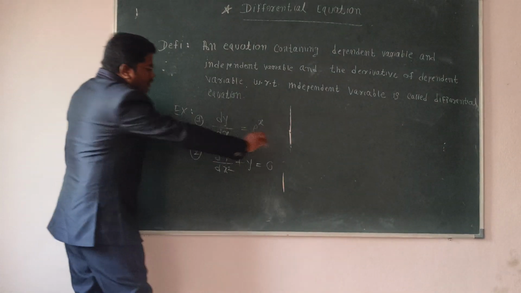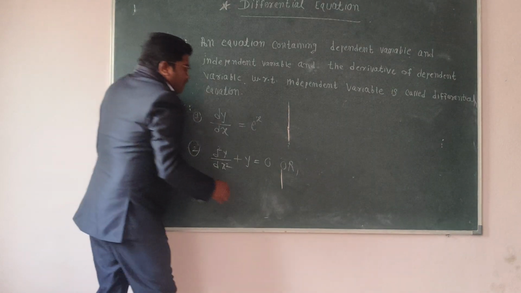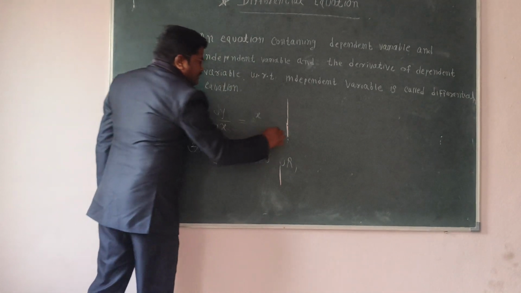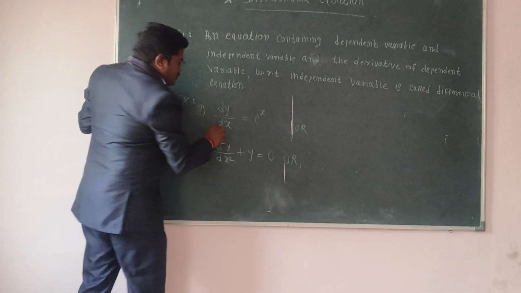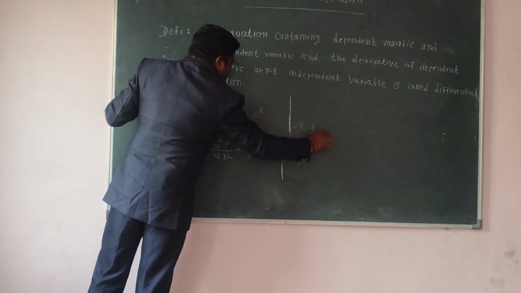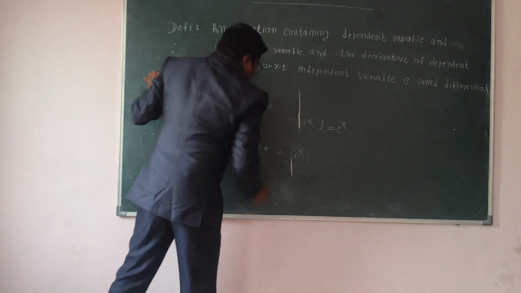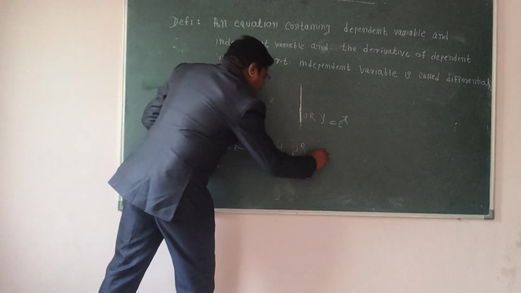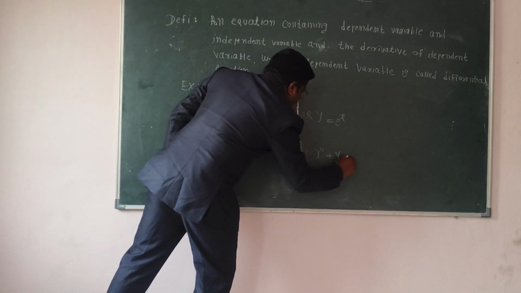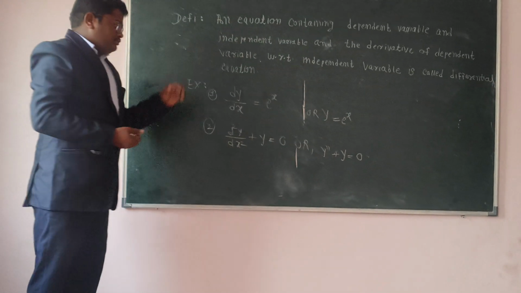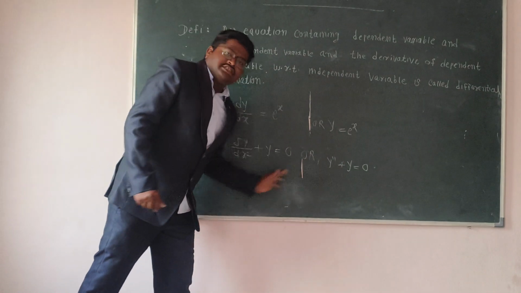Also, this equation can be written in another symbol: y double dash plus y is equal to 0. It is just notation, but these two equations are the same.